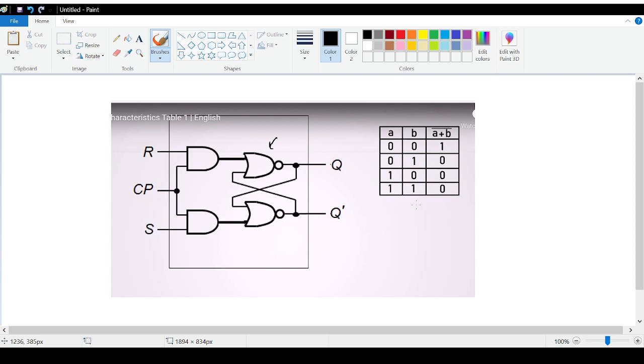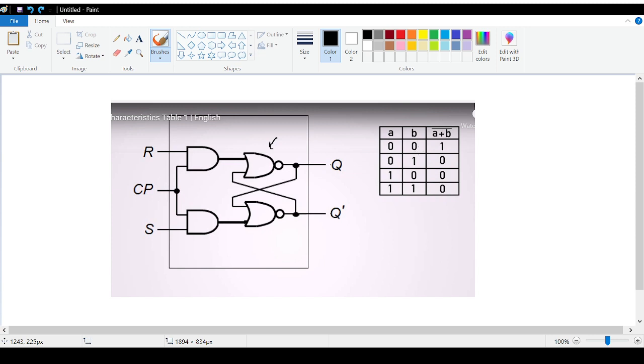So how does a NOR gate work? Ma'am, opposite of OR gate. Right, in OR gates, if one of the inputs is 1, then the output is 1, and otherwise the output is 0. For a NOR gate, it's the opposite. If either of the inputs is 1, the output is 0. Okay, and the output is 1 only when both the inputs are 0. Okay, opposite of OR gate.